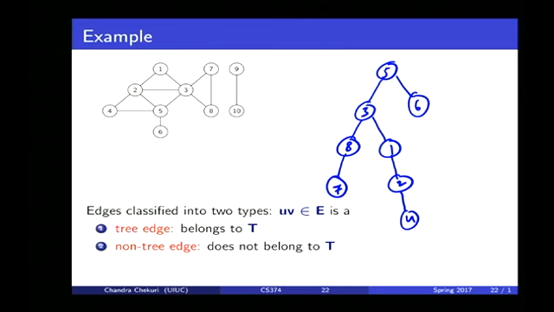So when we explore from 5, let's see where are all the edges. 2 to 3 is an edge, right? And 4 to 5 is an edge, right? And what else? 7 to 3 is an edge.